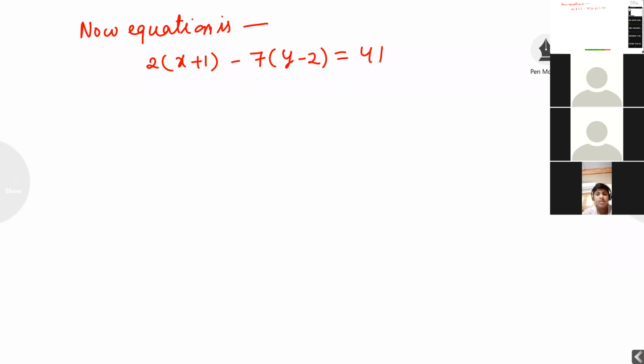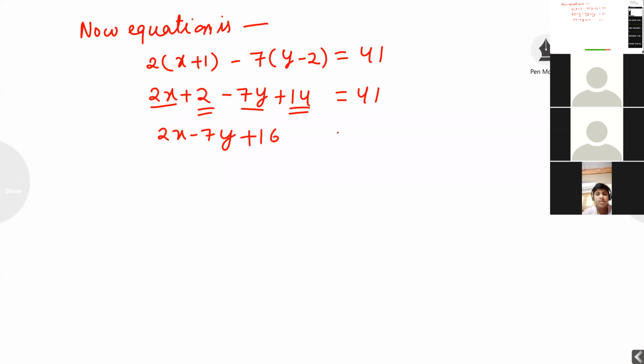I want to simplify this equation. 2 into x is 2x plus 2 minus 7y plus 14 is equal to 41. Now 2x minus 7y plus 2 plus 14 is 16 is equal to 41. 2x minus 7y plus 16 is equal to 41. Now this is the actual equation.